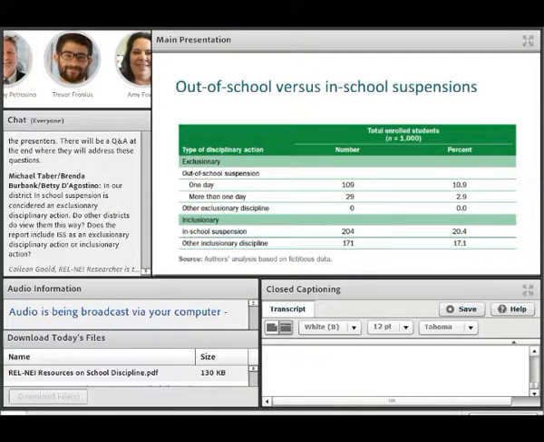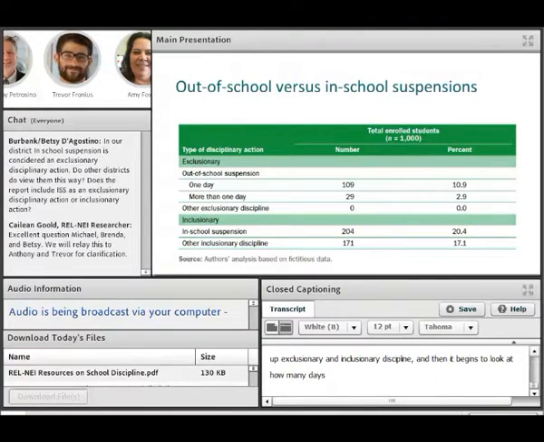So the next table presents the results of analysis that drills down even more for more detail on exclusionary discipline. It breaks up exclusionary and inclusionary discipline, and then it begins to look at the number of days that a student was suspended if they received an out-of-school suspension. Because one of the emerging research trends right now is not just whether a student has been suspended or not, but how many days of instructional time they have lost.